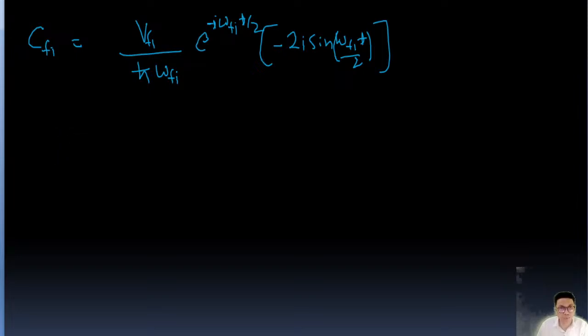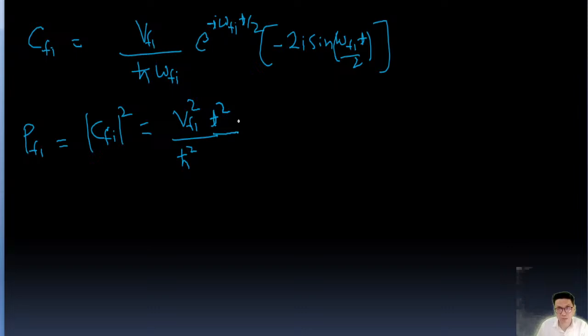It is the mod of this, so it is V_fi square upon h cut square, times 4, and then sine square omega fi t by 2 upon omega fi square.